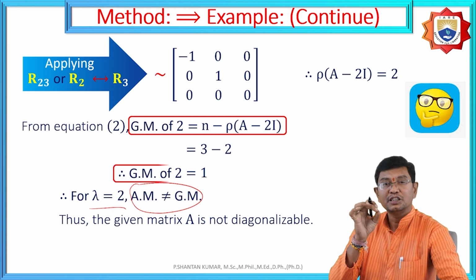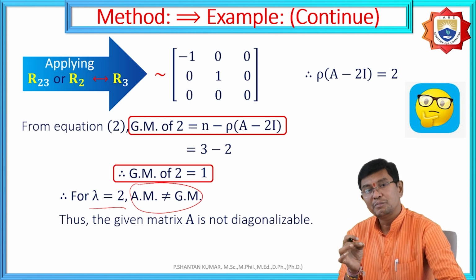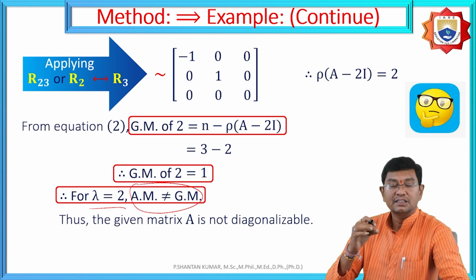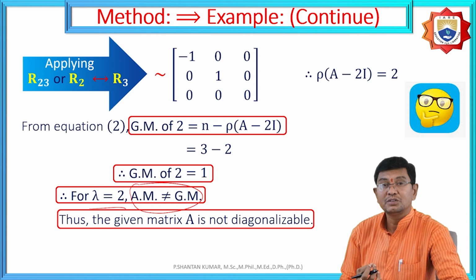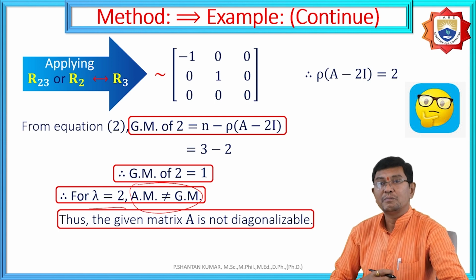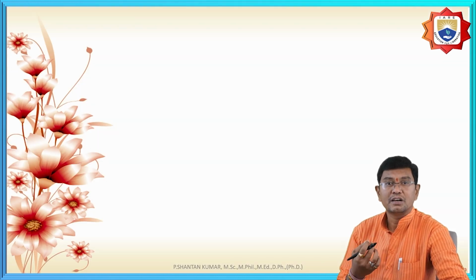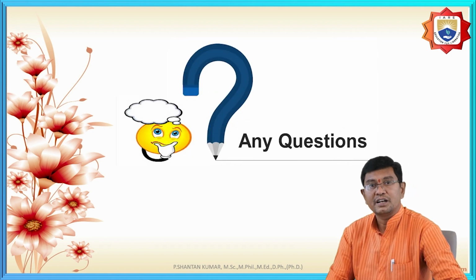If the algebraic multiplicity and geometric multiplicity are the same, then the matrix is diagonalizable. But if the algebraic multiplicity is not equal to the geometric multiplicity, then the matrix is not diagonalizable. Similarly, we need to work out all these problems.